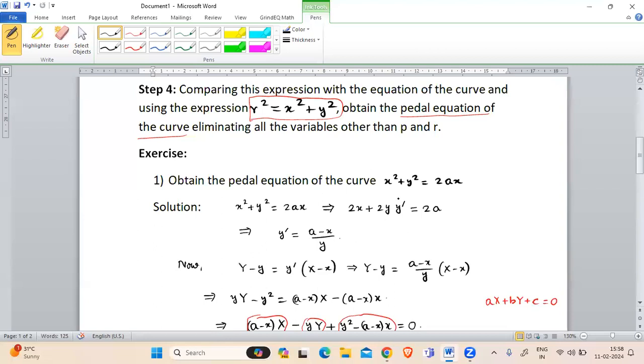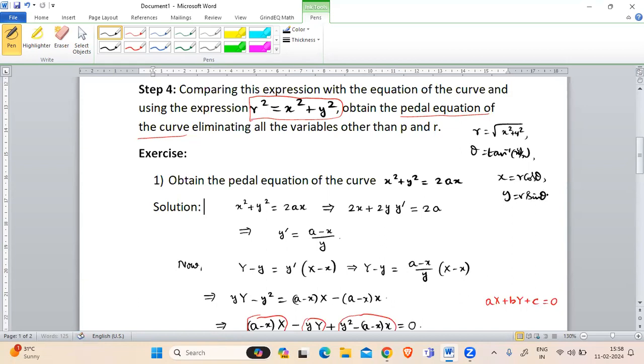If you can substitute x and y, you can get rid of x and y by bringing in r and theta, using the expression r equals root of x square plus y square, and theta equals tan inverse of y by x, or vice versa. What we can do is use x equals r cos theta and y equals r sin theta in the equation.